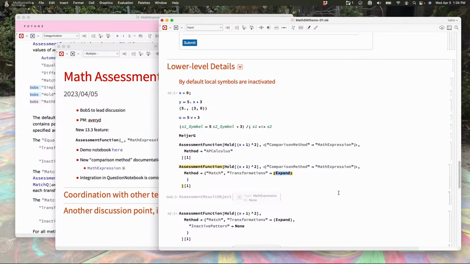Right. And then what you want to ask is, for what you're doing right now, I have no idea what heuristics MathExpression is using to determine equality. Right. By default, it's inactivating local symbols and sending it to equal.